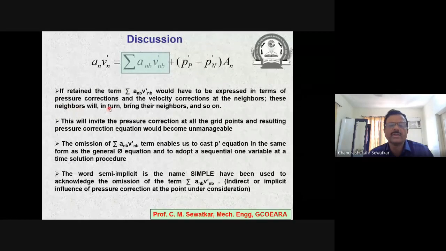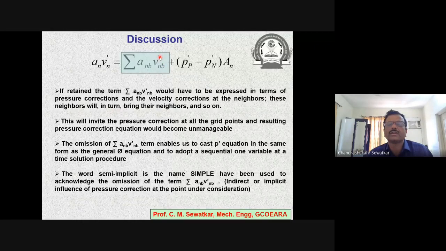These neighbors will bring in their own neighbors also, because this velocity correction is itself the velocity correction of a neighbor cell center. And if I want the velocity correction of the neighbor cell center, I have to make use of the pressure correction of its neighbors, and so on and so forth. You can just imagine, this will invite the pressure correction at all the grid points, and the pressure correction equation would become unmanageable.